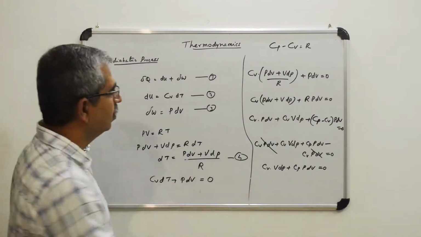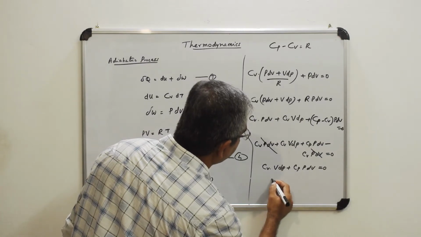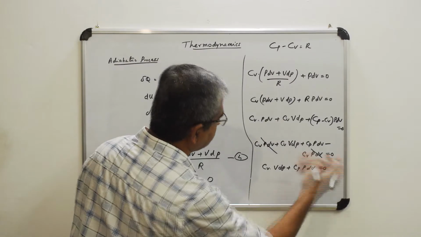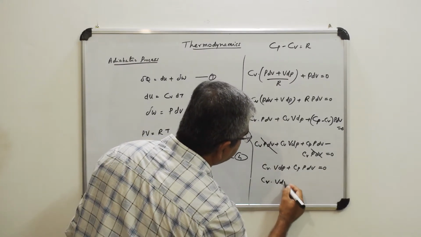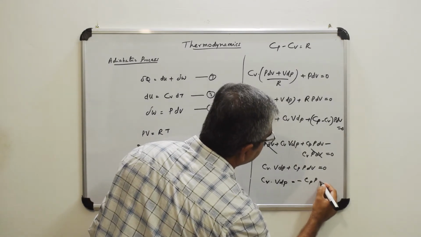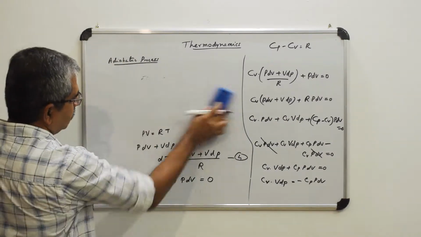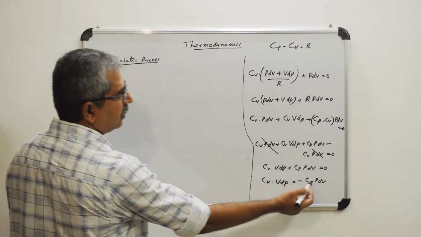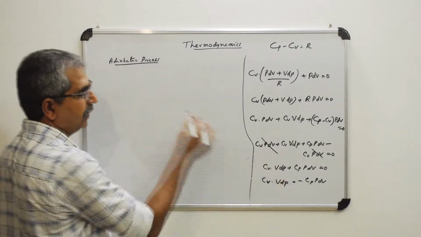Okay, so we can take this one to the right side: Cv into V dP is equal to minus Cp into P dV. Okay. Now we can take this P to the left side and Cv and V to the right side.